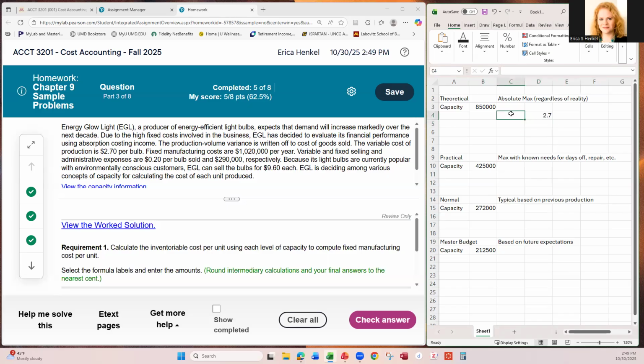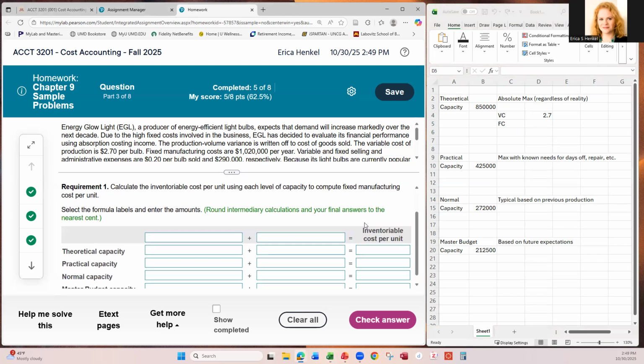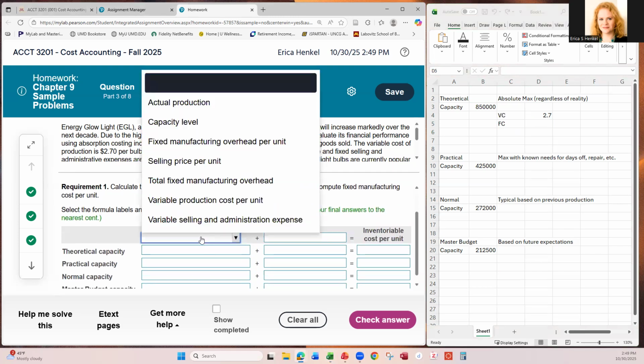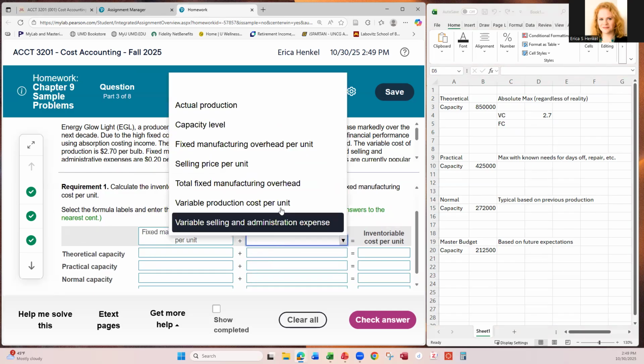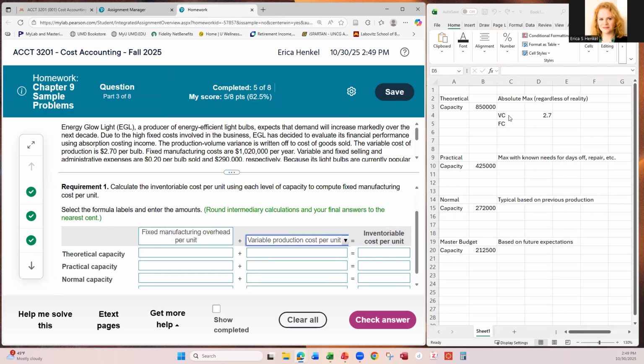Okay, so we've got our variable costs here, right? And then we need to know what our fixed costs are. So if we have a capacity of 850,000, they want us to come up with the fixed manufacturing overhead per unit. And then we are going to add in our variable production cost per unit, which we already know is 2.70 for each of these.